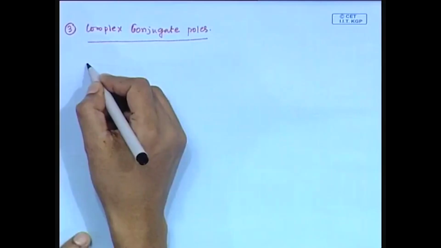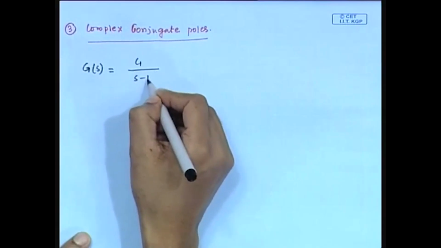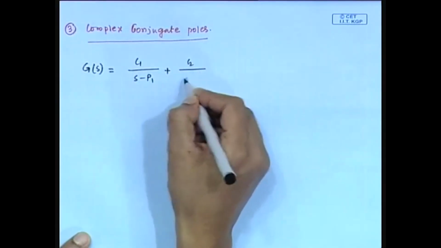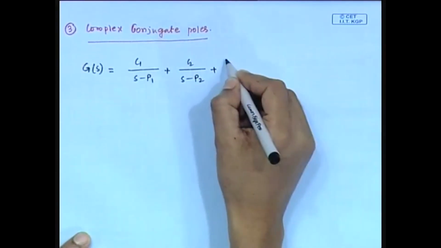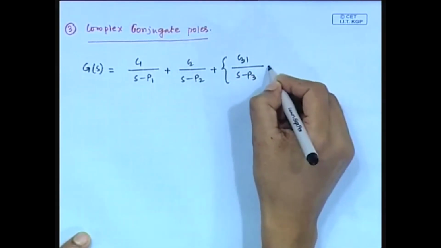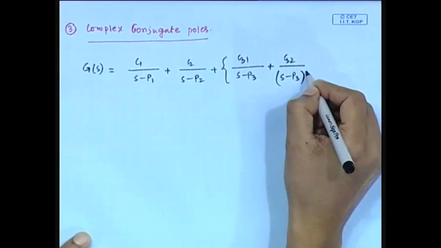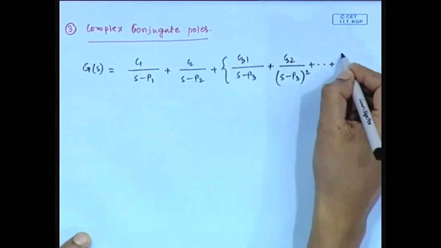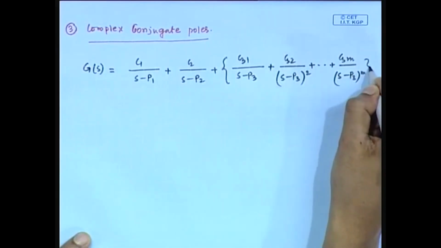The general form of transfer function, I am again writing that: C1 over s minus P1 plus C2 over s minus P2. These two right hand terms we have considered for the two distinct real poles. The next term we have considered for the multiple real poles, C3 over s minus P3 whole square up to Cm over s minus P3 whole to the power m.